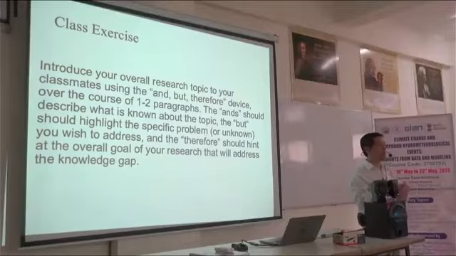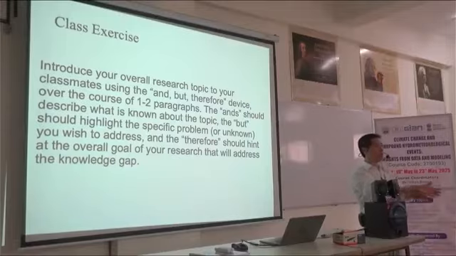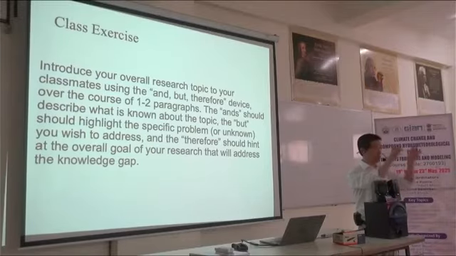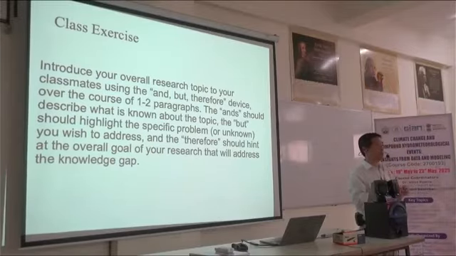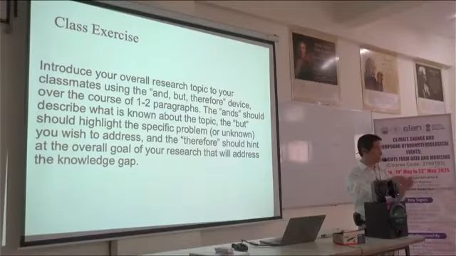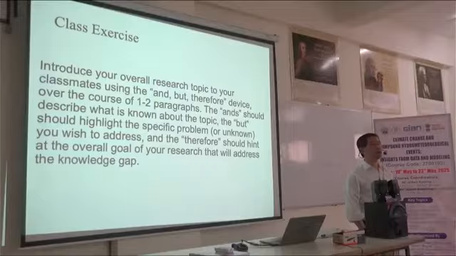So structure-wise, it's a funnel type of structure, but you have to use solid literature to support it. Like I say, start with the general picture, then narrow down, and then talk about the knowledge gap. Yeah, is that okay? Sure. Any other comments, questions?